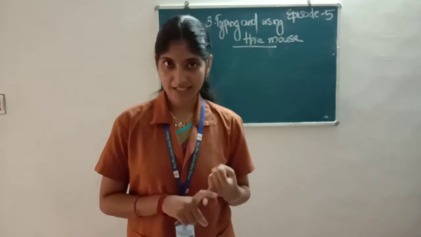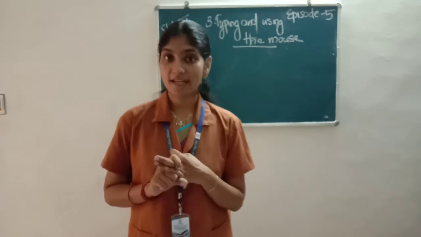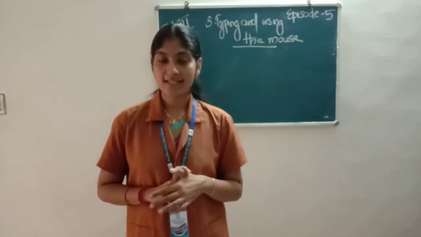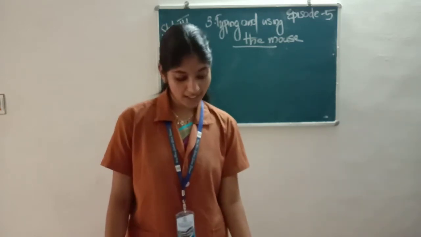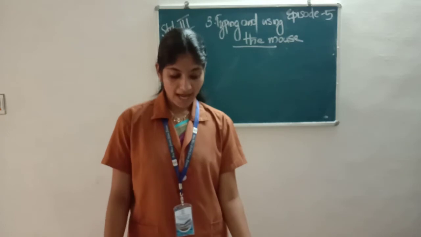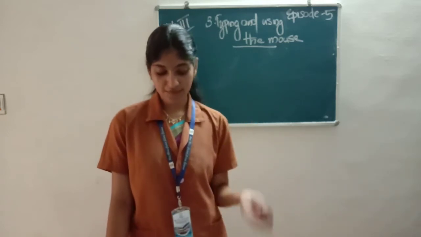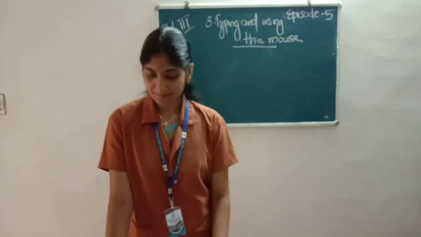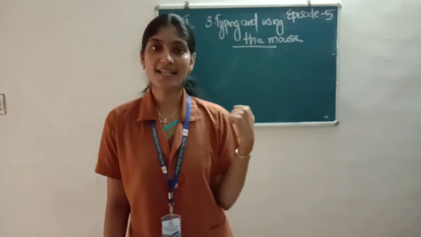Yes: alphabet key, numeric key, numeric keypad, function keys, cursor control key, special key, caps lock key, enter key, backspace key, delete key, num lock key, shift key, space bar key, alt and control key. Okay, so these are the keys we discussed last class.